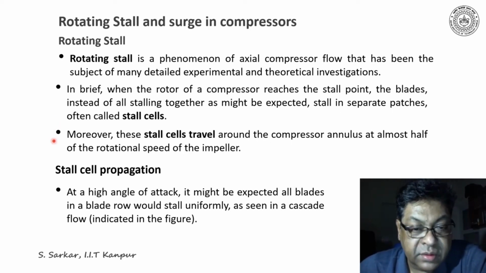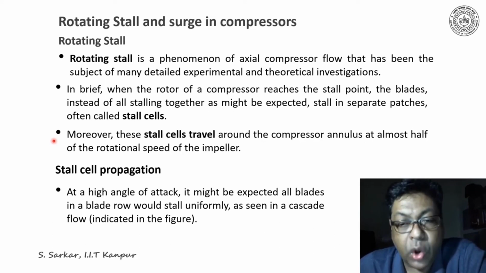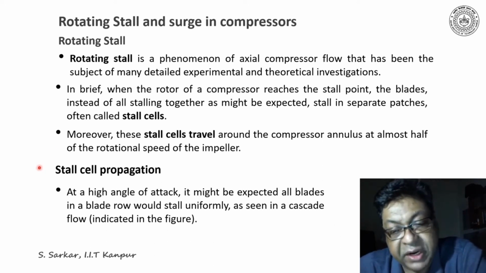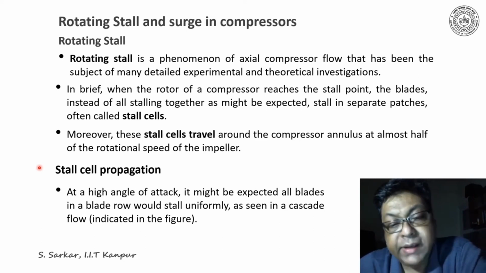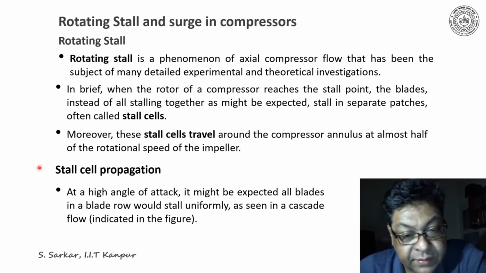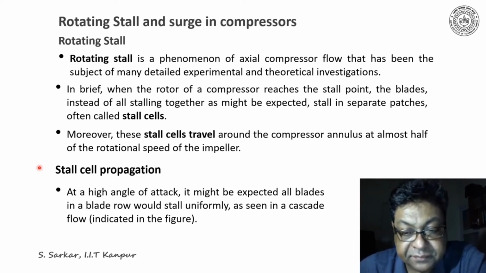Furthermore, these stall cells propagate around the annulus at almost half of the rotational speed of the impeller. With respect to the stall cell propagation, I would like to add that at a high angle of attack, it might be expected that all blades would stall uniformly, as seen in the cascade flow analysis.